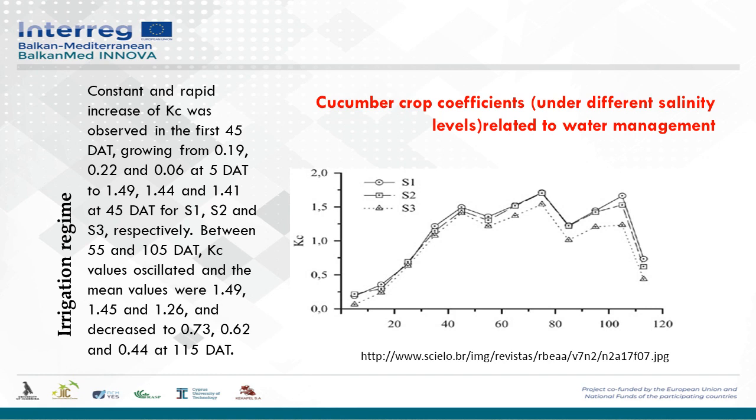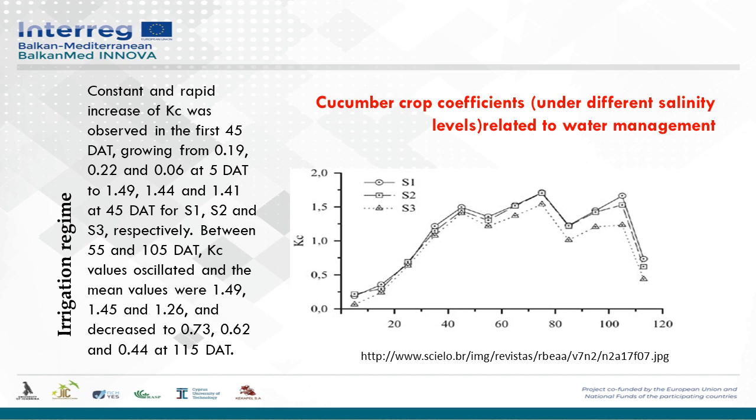Then between day 55 and day 105 after transplanting, the crop coefficients are oscillating, and the mean values are respectively for S1, S2, and S3, 1.49, 1.45 and 1.26.